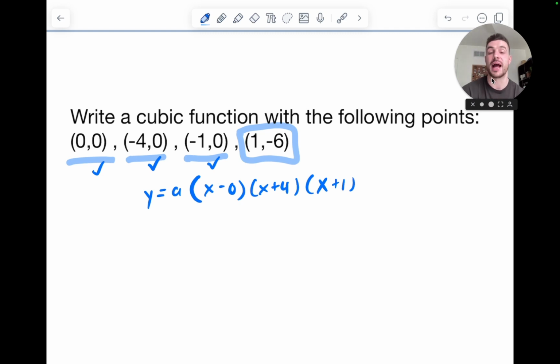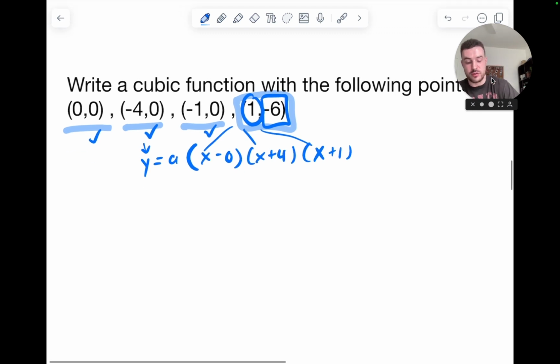Now is where that extra point comes into play. Again, it's not an x-intercept. It's not even a y-intercept at this point, but we could use it the same way. I've got a y value that I can plug in, and I've got an x value that I can plug in for each of my x's, which will allow me to solve for my a value. Again, what we're trying to do is find the equation of a polynomial function that goes through all of these points.